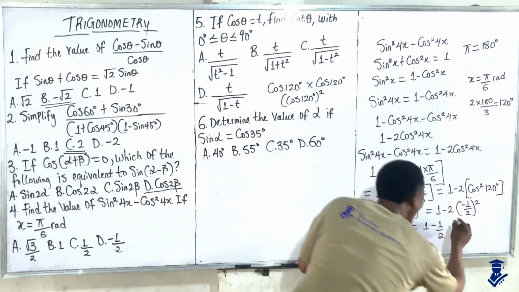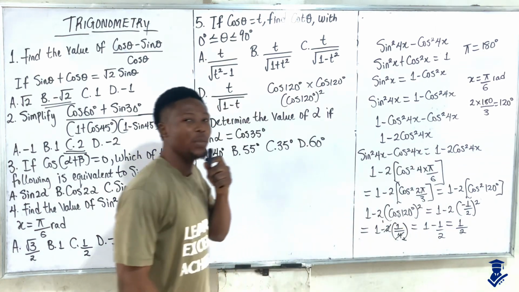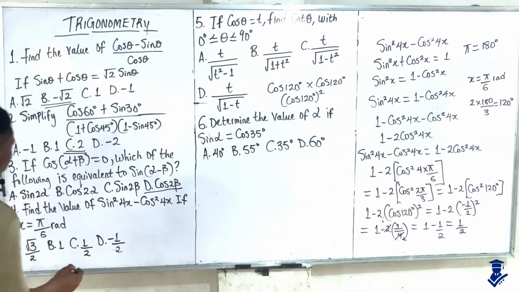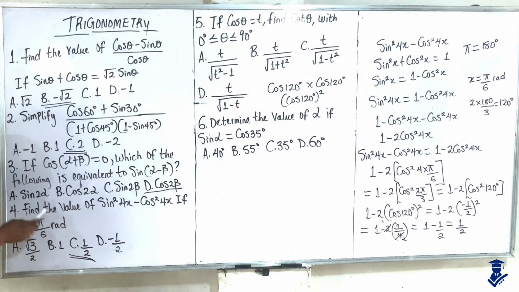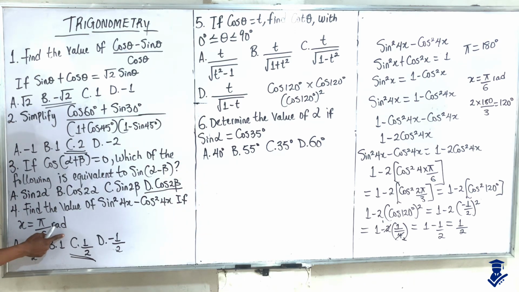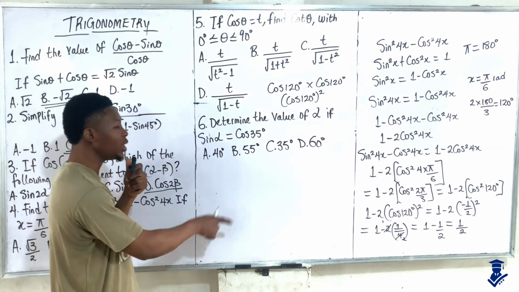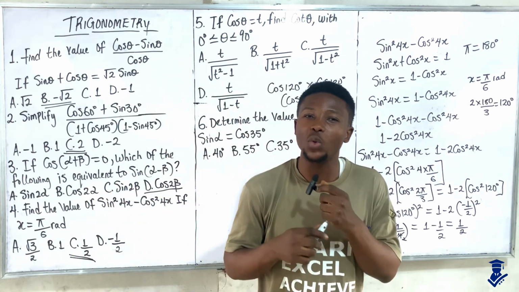And 1 minus half is going to give us half, which is 1 over 2. So our final answer is 1 over 2, which is option C. So given that x is equal to pi over 6 rad, sine square 4x minus cos square 4x is going to be equal to 1 over 2.